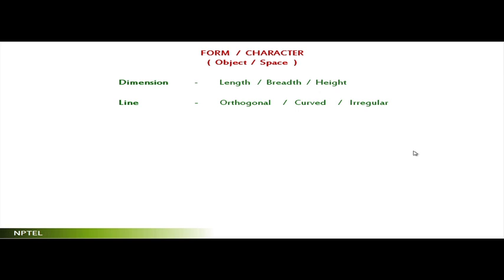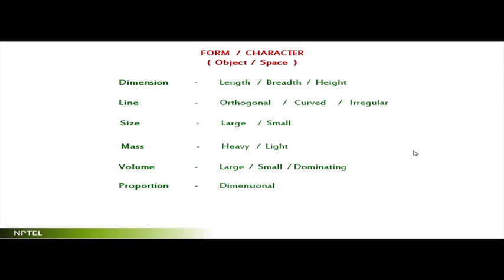Let me just bring all the items in front. Dimension, line, size, mass, volume, proportion, and scale. There are many more. Basically any object or space must have a dimension, because that's a reality.